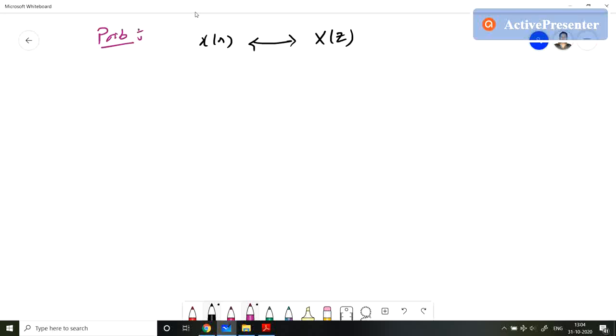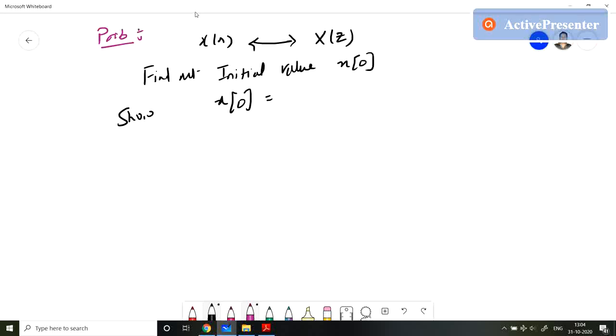Then we need to find the initial value, that is x(0), and show that the initial value x(0) is equal to the limit as z tends to infinity of X(z). So we need to prove this relation.